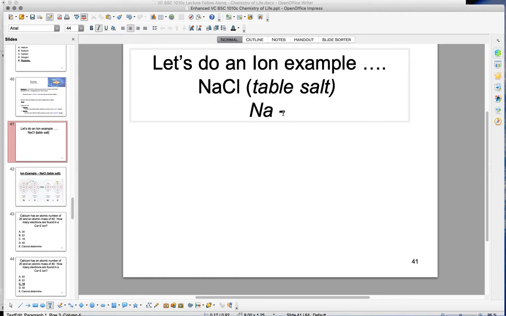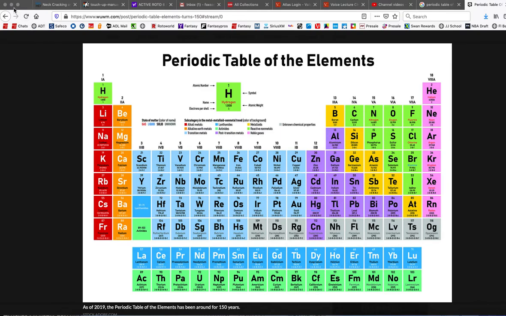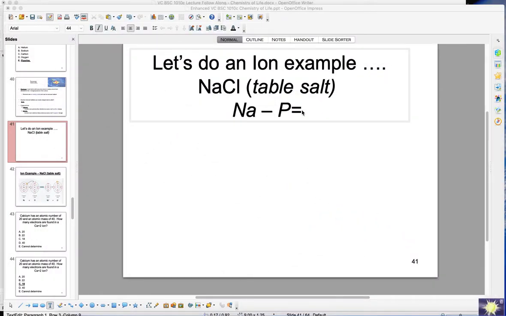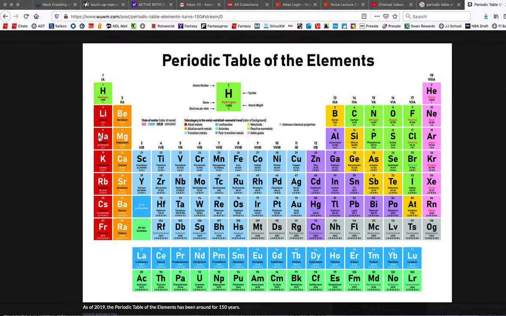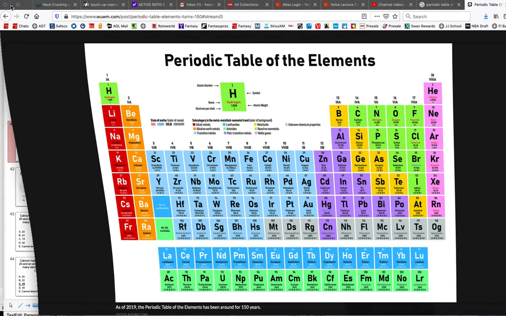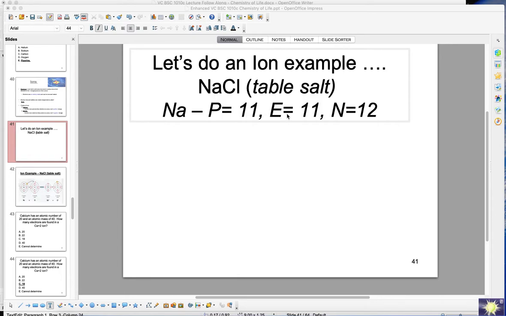So how many protons are in sodium? If its atomic number is 11, it has 11 protons, 11 electrons, and then 12 neutrons, because its atomic mass is 23. So protons are 11, electrons are 11, and neutrons are 12, because 11 plus 12 is 23. So that's our number.